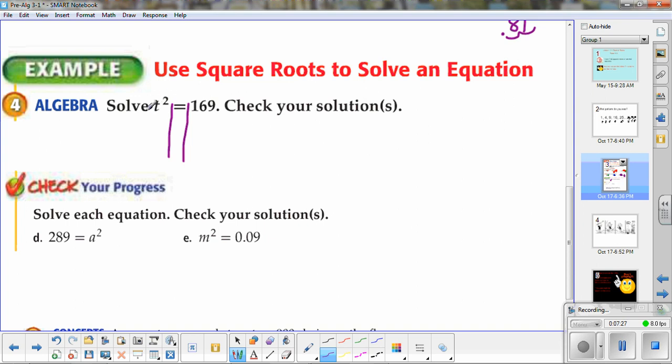To undo squaring, you want to take the square root. If I take the square root of t squared, I get just t, and the square root of 169 is 13, but it could also be -13. So we're going to say 13 or -13.